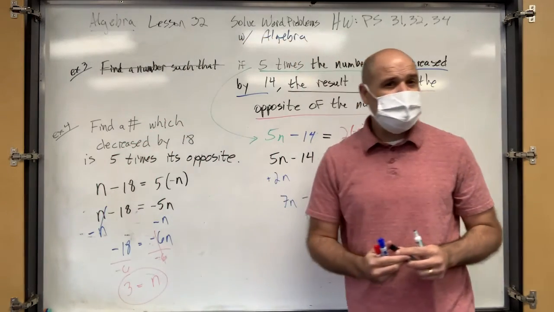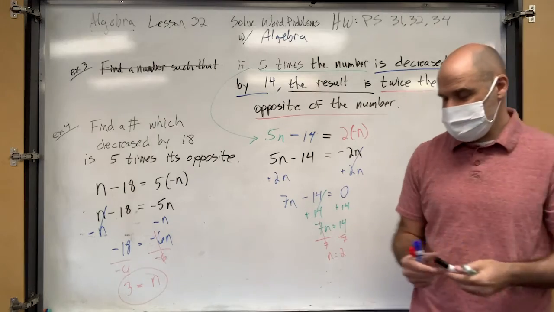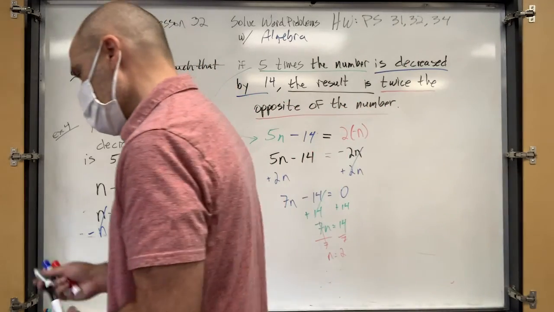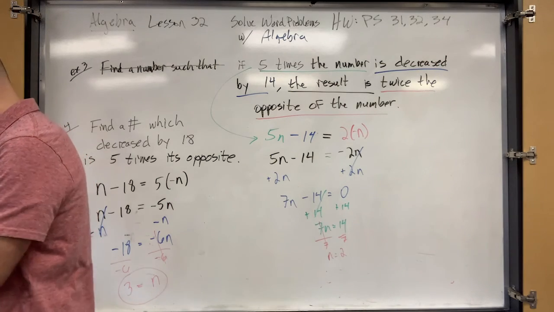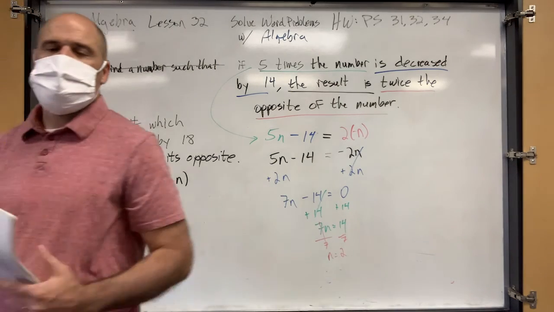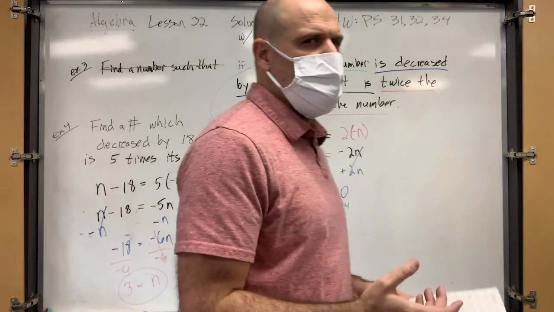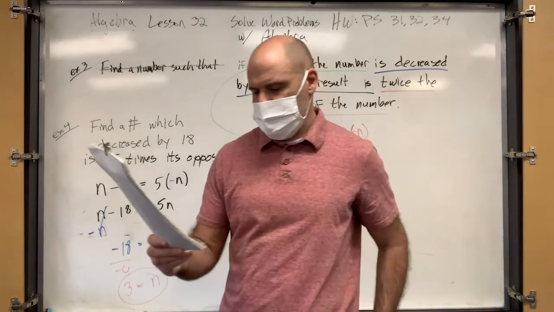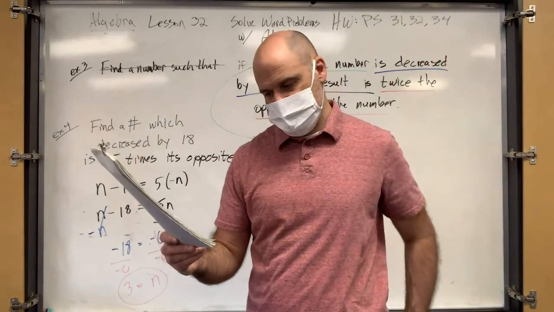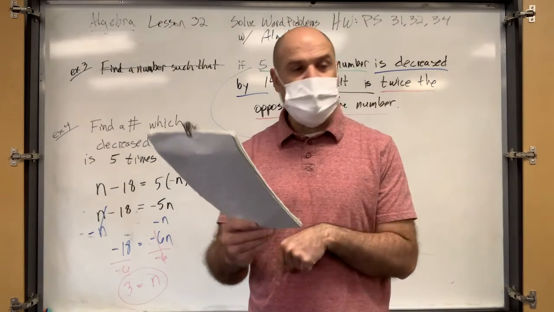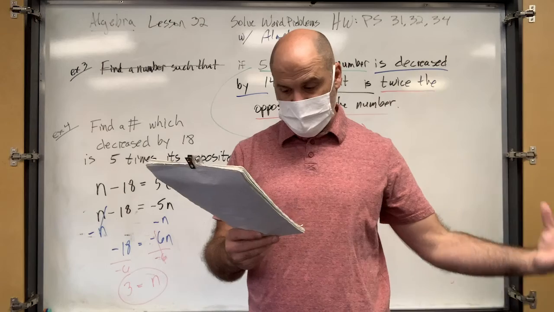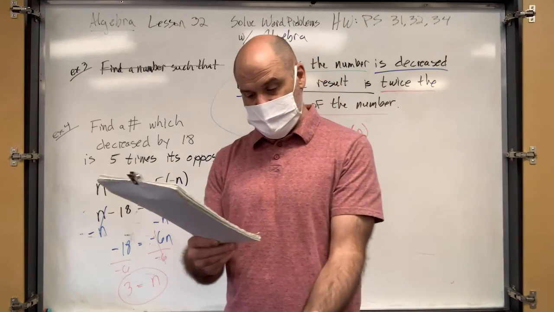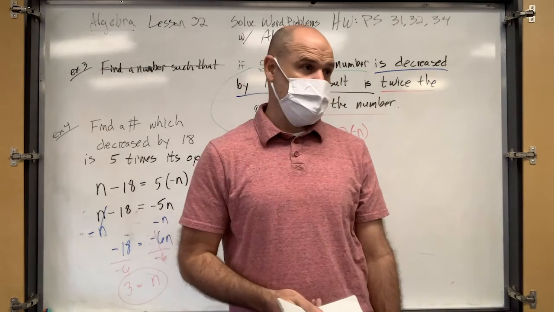Did you guys get 3? Awesome. Good job. All right, so there is one more example. Let me just read it to you so you know what to look out for in your homework. This is what example 5 says. We get the same result if we multiply a number by 3 or if we multiply that number by 5 and then add 2.